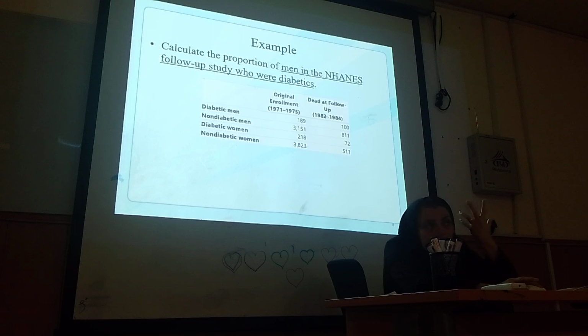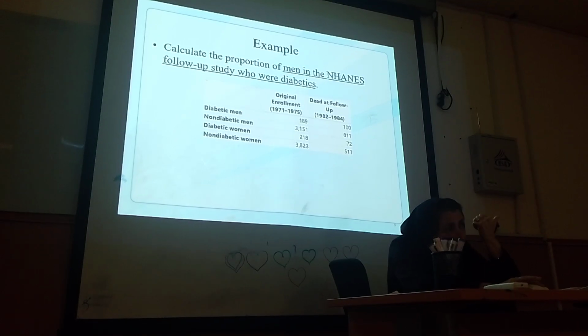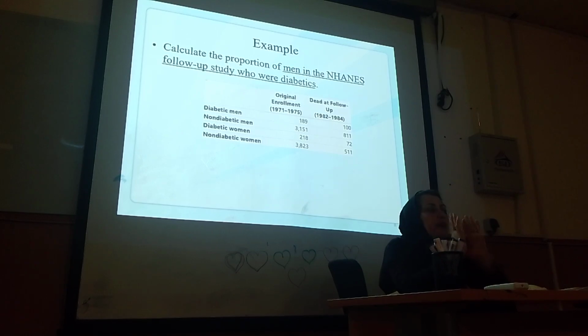So, the denominator is the total number of men. The numerator is men who have diabetes.